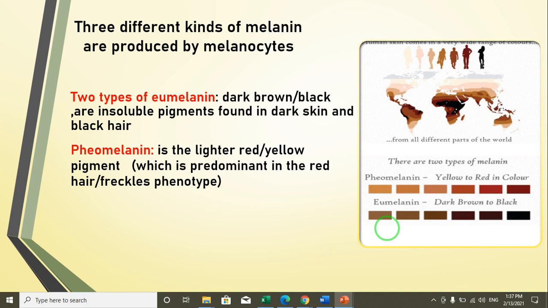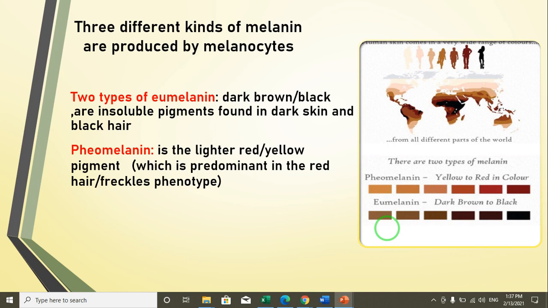We can classify the melanin produced by the melanocyte into 3 main types. We have eumelanin, which is composed of 2 types, the dark brown and the black, and usually they are found in dark skin and in black hair.